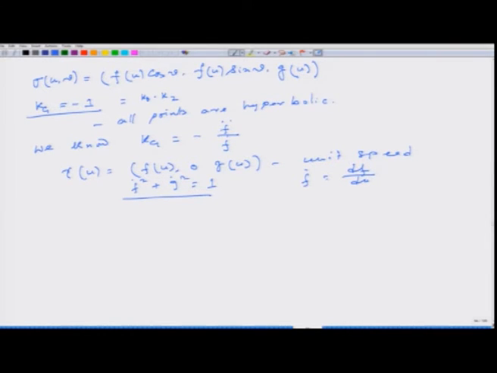Now, if this is equal to -1, this gives rise to a differential equation.